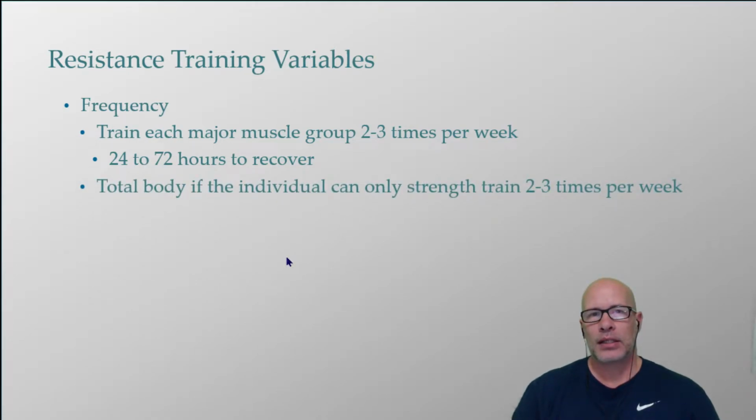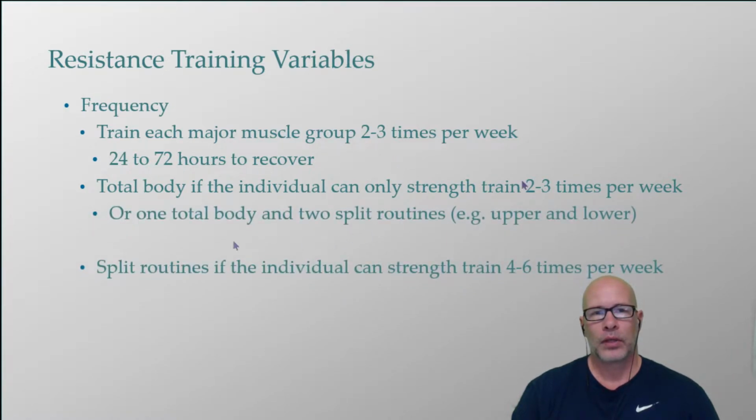If a person only has the time and desire to train 2 or 3 times a week, then their sessions should be total body sessions, because that's how you hit every major muscle group in your body 2 to 3 times a week. Or another way you could go about it would be to do one total body session and 2 split routines. For example, doing a lower body day on Saturday, an upper body day on Sunday, and then a total body day on like a Tuesday or a Wednesday.